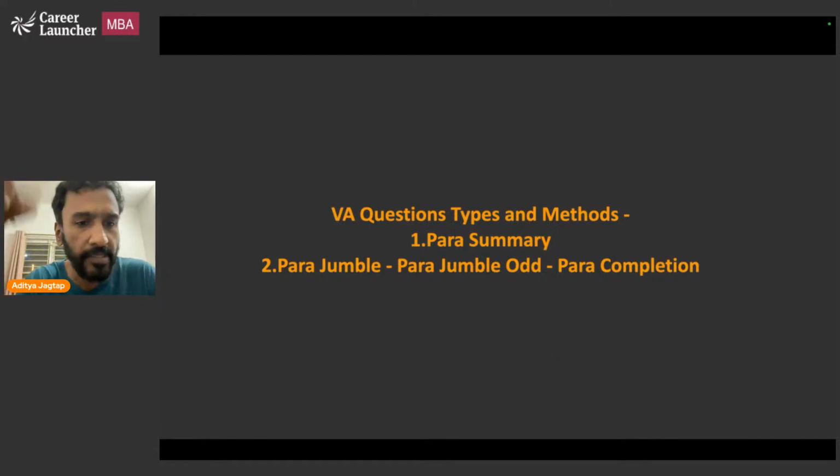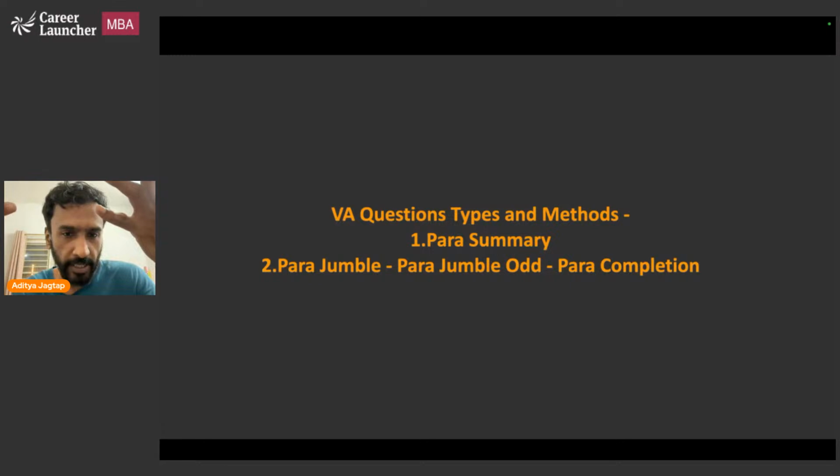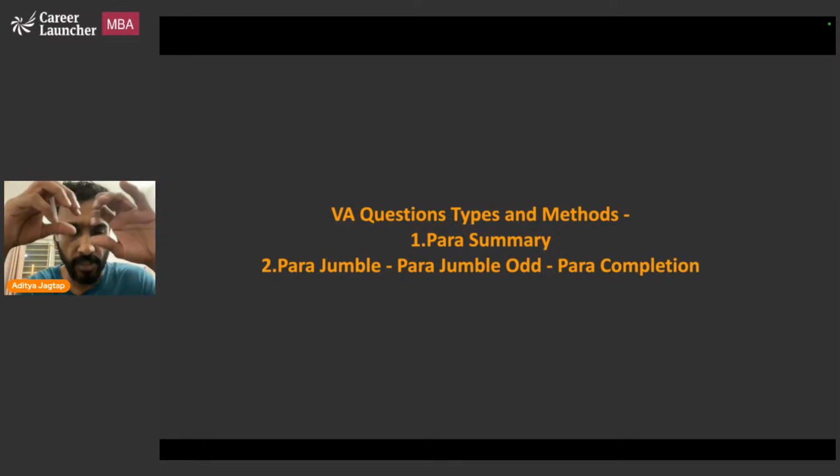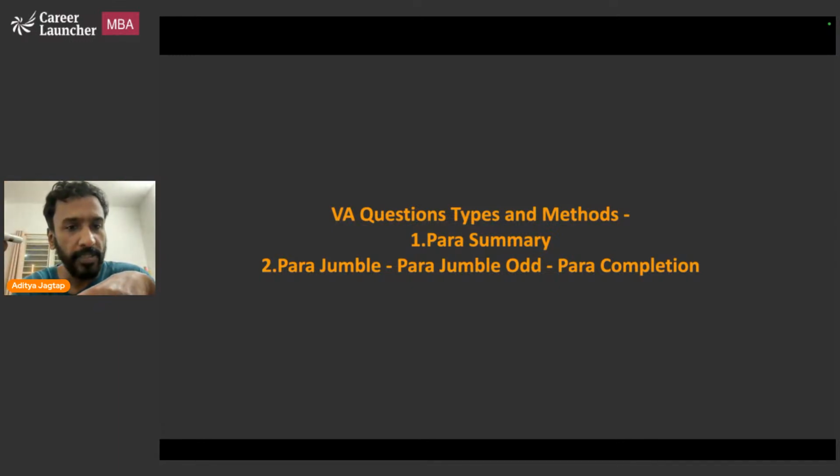The first is the para summary type, in which we're expected to identify the right summary for a paragraph, the best possible summary out of a given four. Then the other question type, which I think is one question type, and I'll make the case for why it's actually one question type that we are asked from a different way. So the second question type, if you notice, is the para jumble, odd one out, and the para completion question type.